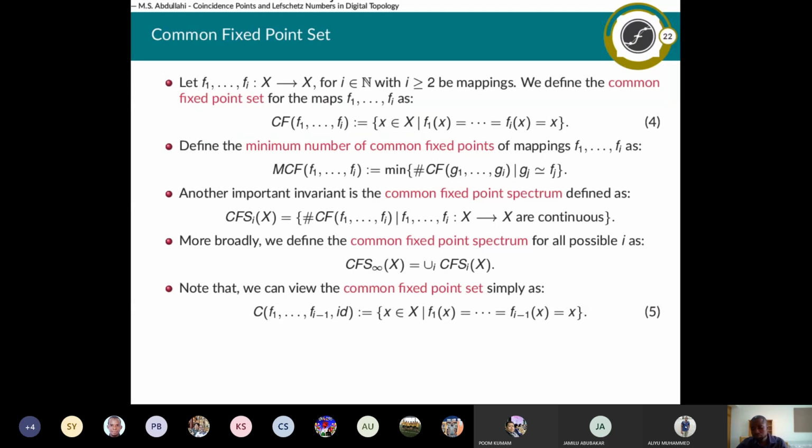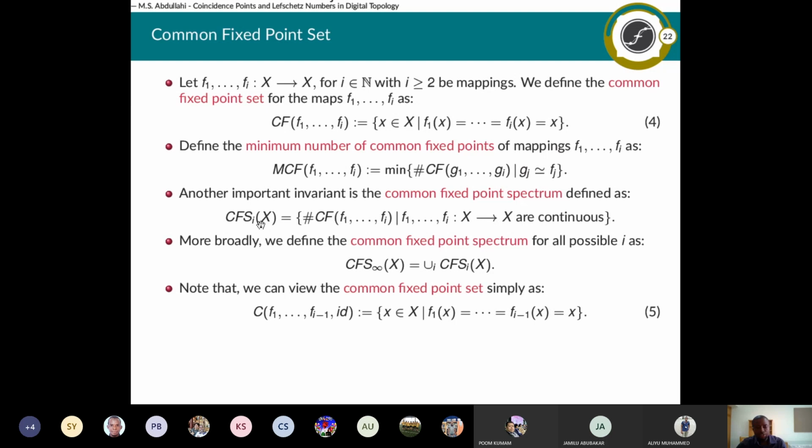So similar to the coincidence notions, we also briefly introduced the notion of common fixed point, where we first define what a common fixed point set is, and we also define the minimum number of common fixed points, and also the common fixed point spectrum as this.